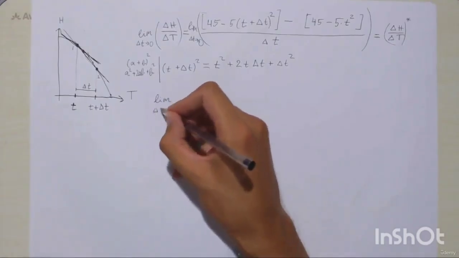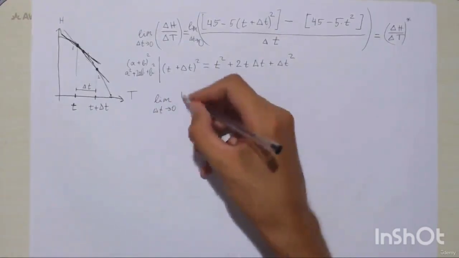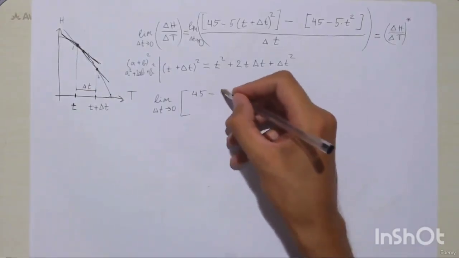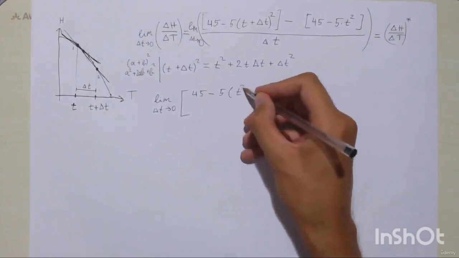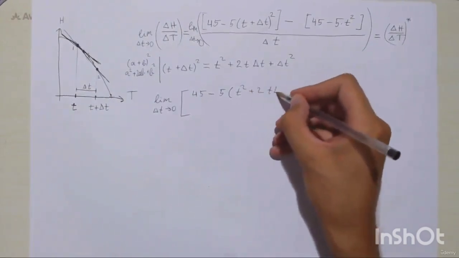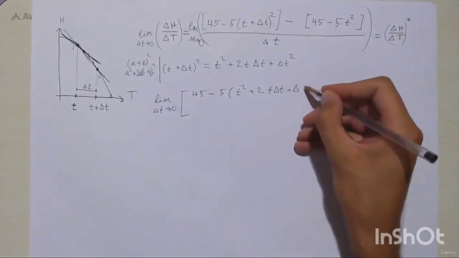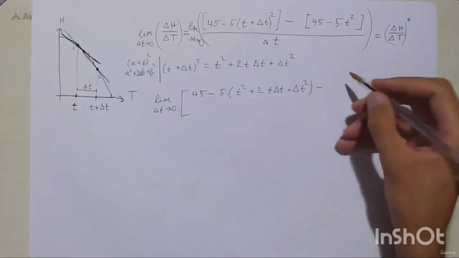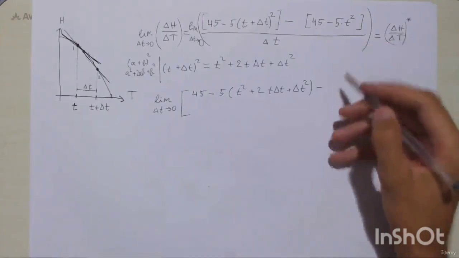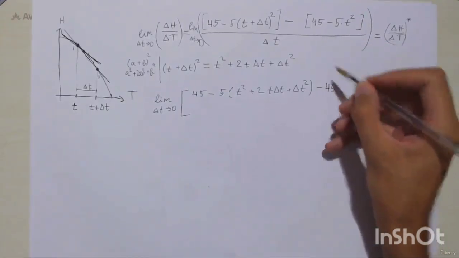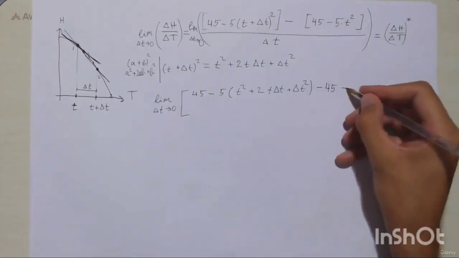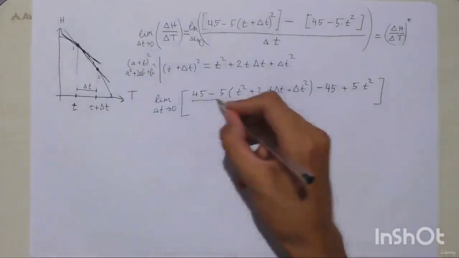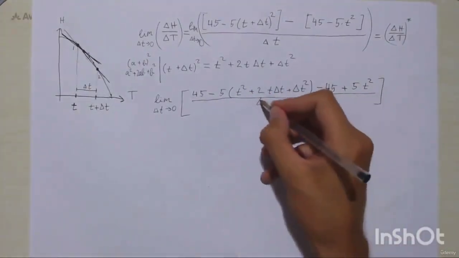Limit as delta t approaches 0 would be 45 minus 5 times t squared plus 2t delta t plus delta t squared. Now, minus, and remember, now we are opening the brackets, minus 45, minus and minus will give you plus 5t squared, and all that divided by delta t.